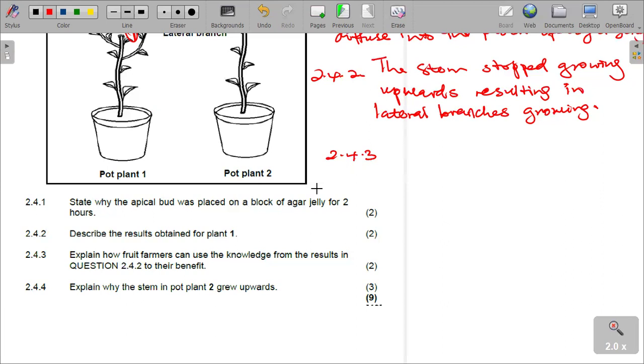In other words, they would ensure that they cut their stems to ensure that lateral stems are forming such that they will grow. One, branches develop that can bear more fruits.